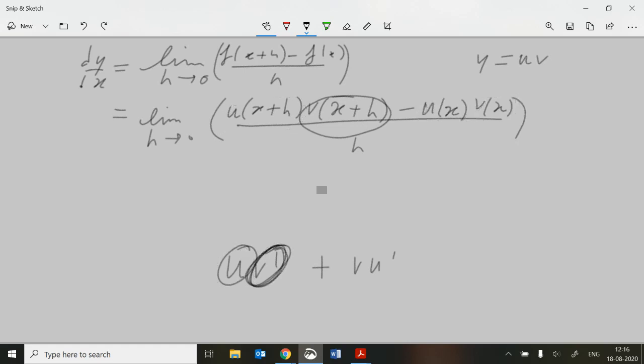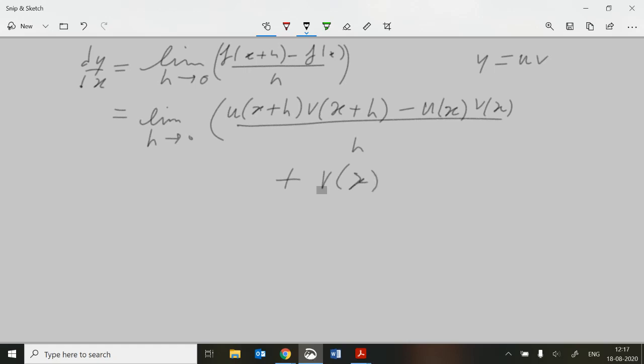Okay, so this is kind of a bit tricky here. So let's just leave that one open on this side, and let's just go to the next line and say, well, okay, let's then add in here, well, we need another v of x related to u of x plus h. So what I'm going to do is add v of x and then times u of x plus h.